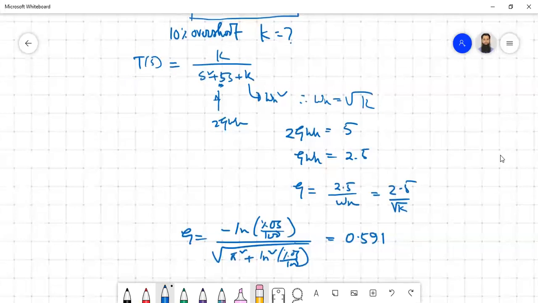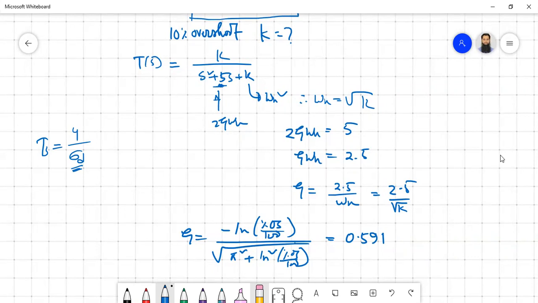For the settling time, you know it is related to sigma d, isn't it? Sigma d here is nothing but 5 by 2, which is fixed and not dependent on the value of k. So for this particular case, it is not possible to control the value of TS. TS will be as it is. We cannot change it.